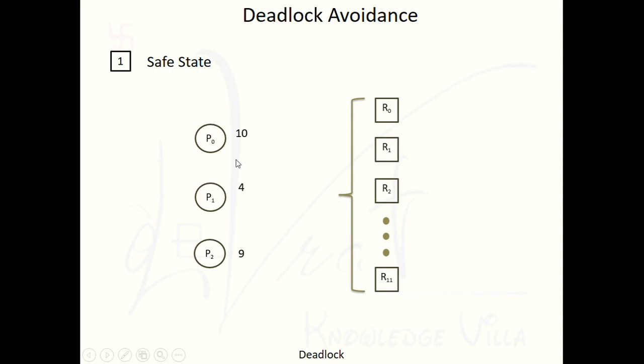First we allocate 5 resources to process P0. Next we allocate 2 more resources to process P1, and the same 2 resources to process P2. Out of 12 resources, we allocated 5 plus 2 plus 2, total 9 resources.